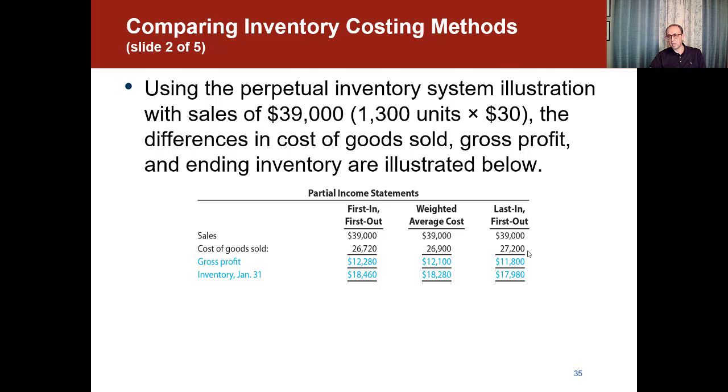And last in, first out, or LIFO, gave us the highest cost of goods sold. When cost of goods sold was low, we got a high gross profit, 12,280. The weighted average had a slightly lower gross profit, and LIFO had the lowest gross profit.